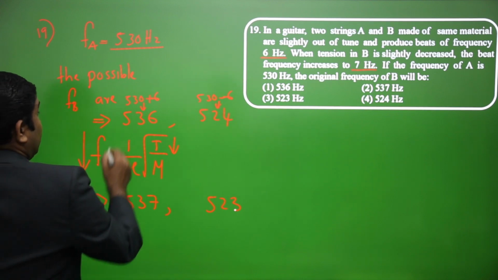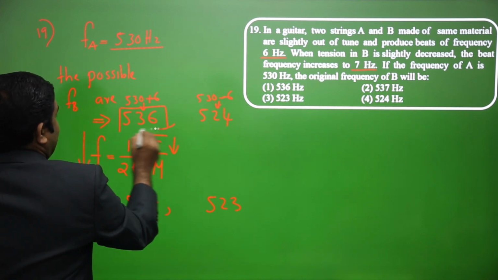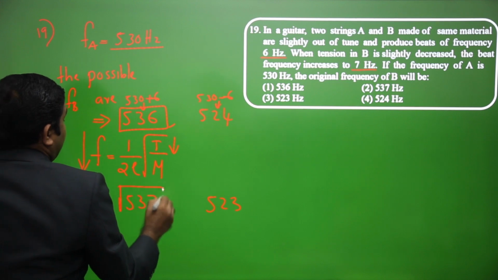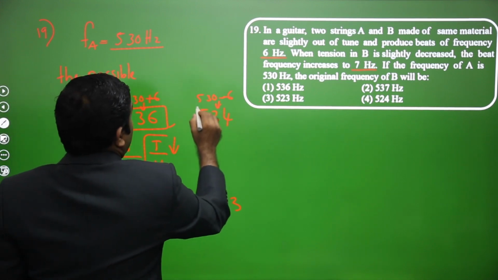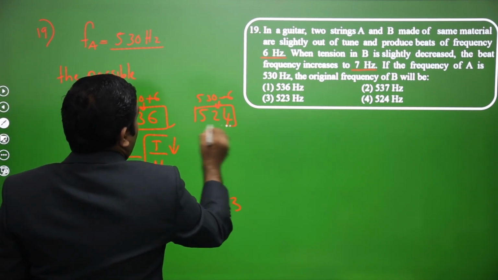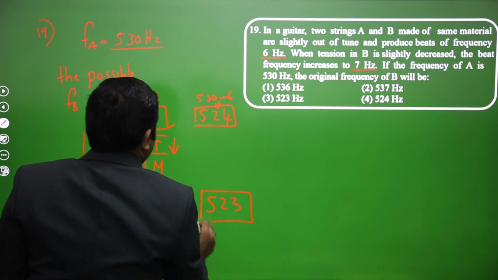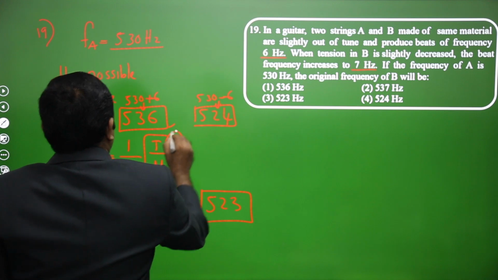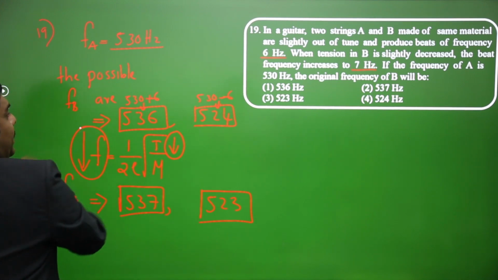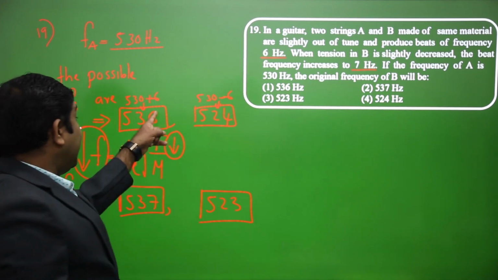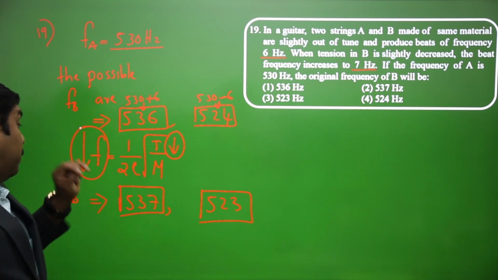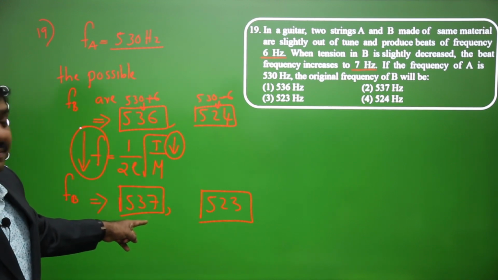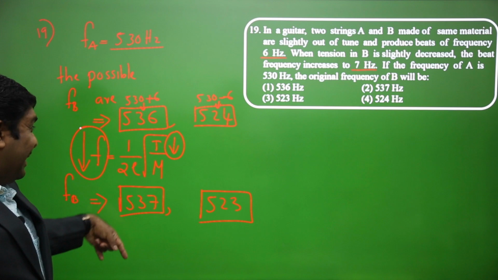Now look at these values. If it is 536, you will get 537. If it is 524, you will get 523. What's our conclusion? When tension decreases, F also has to decrease. So if I take 536, there is a problem, I am getting 537, which is increasing, so this is not right.